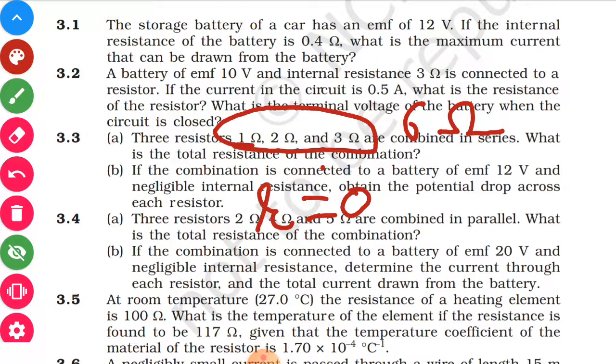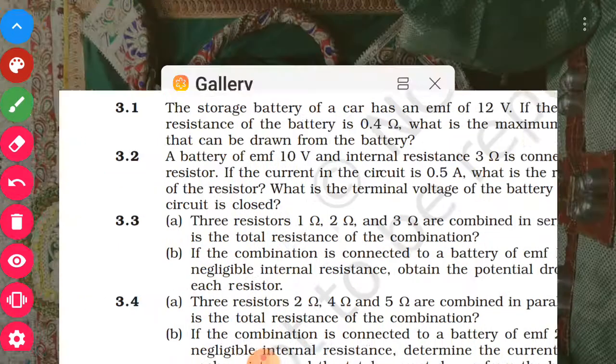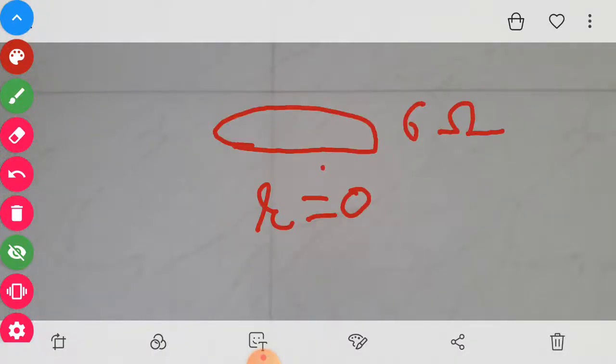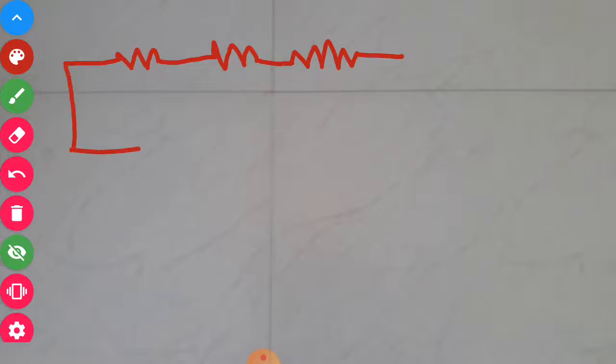Now see, this can also be calculated easily. There are three resistors first of all. Which are those resistors? 1, 2 and 3 ohm resistor. And the battery is connected, and the value of this voltage applied is 12 volt.